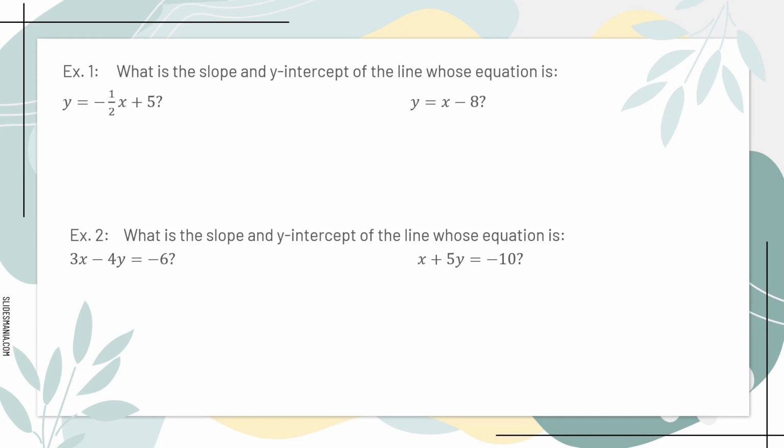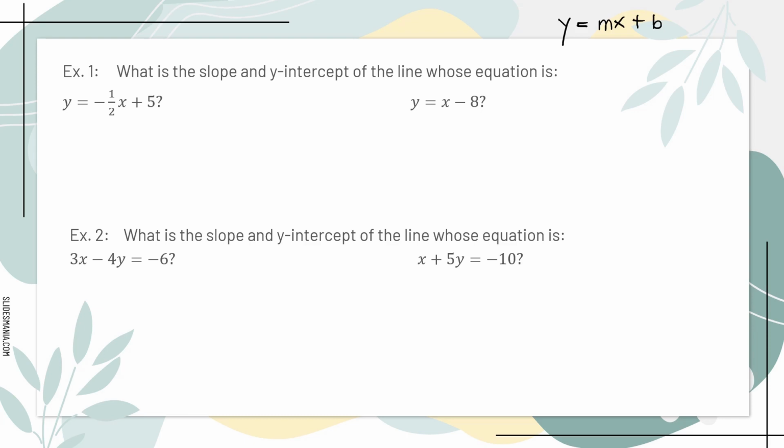What is the slope and y-intercept of the line whose equation is y is equal to negative 1/2 x plus 5 and y is equal to x minus 8? For this one, since these equations are in slope-intercept form, again, slope-intercept form is given by y is equal to mx plus b.